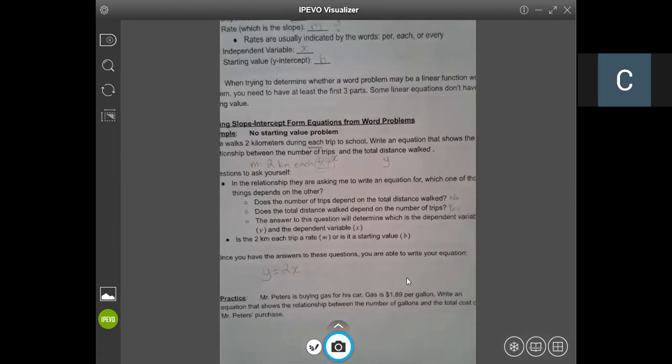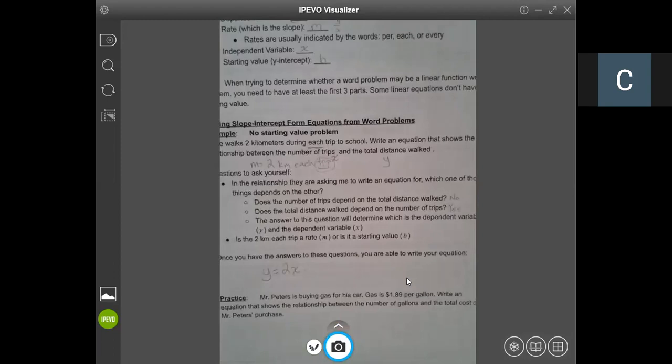All right, so when you're answering this question, remember, look for the rate, look for what depends on the other thing. And so in that problem, does the number of gallons depend on the total cost, or does the total cost depend on the number of gallons I purchased at the gas station? All right, so answer those questions.